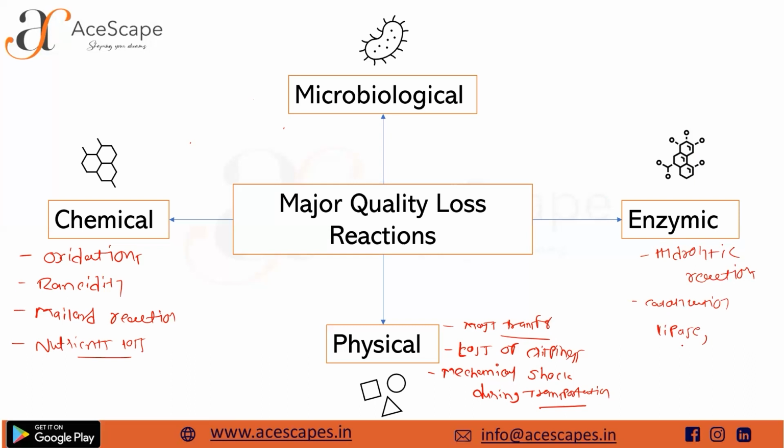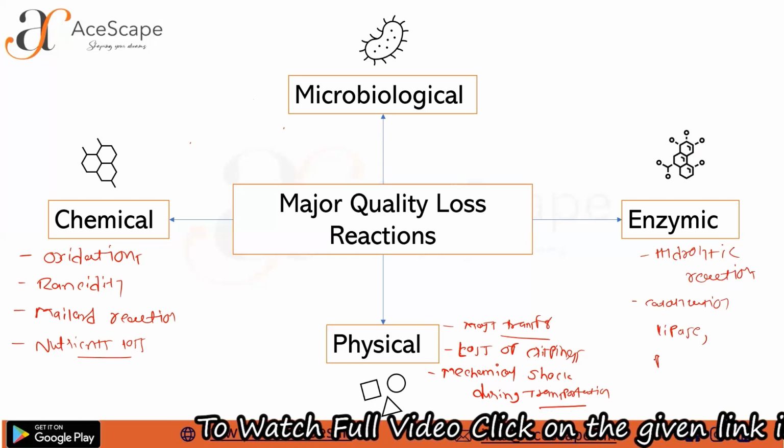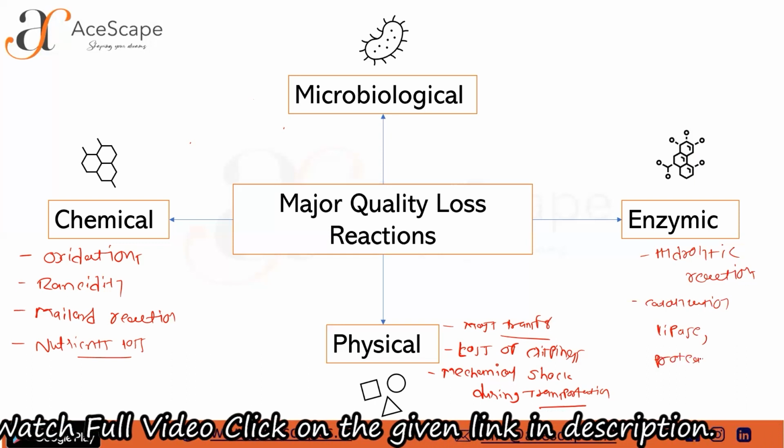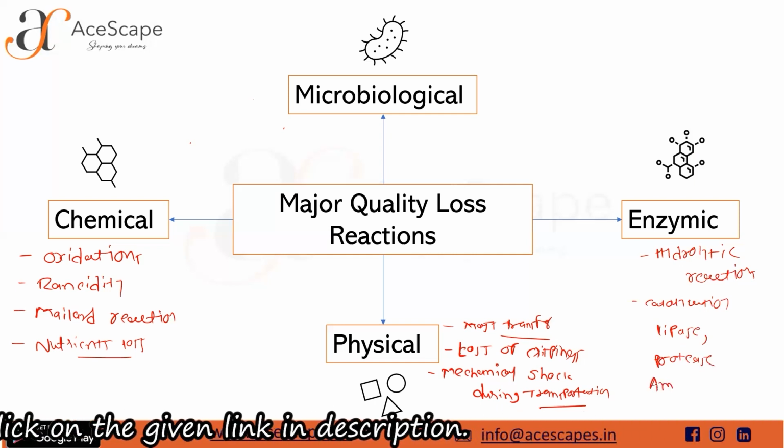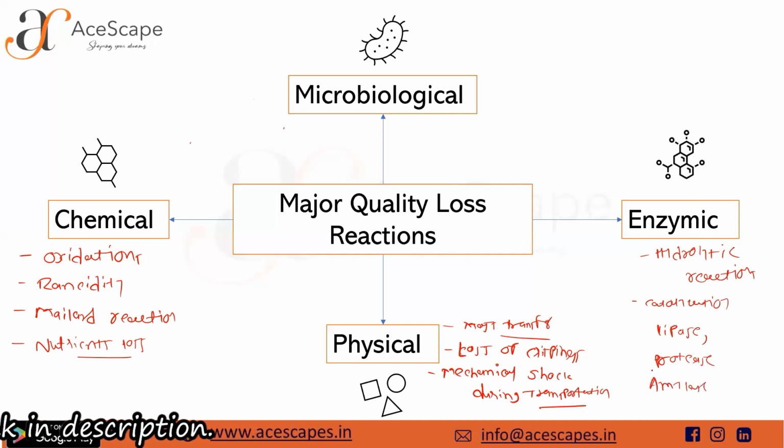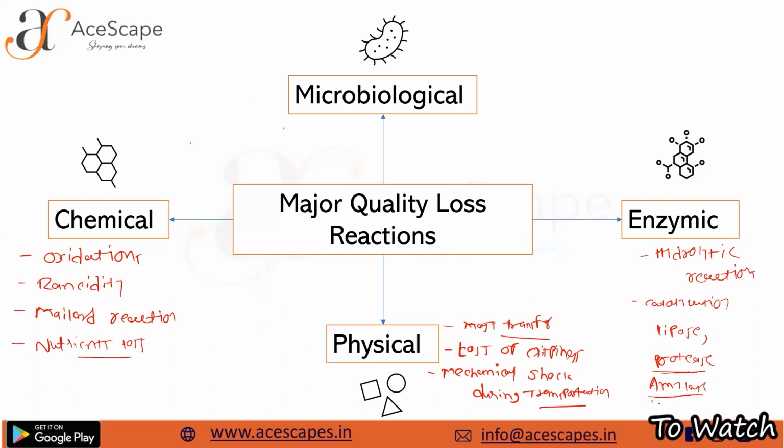And it causes hydrolysis of lipid, and it may produce some rancid flavor. Protease, amylase. Proteases are the enzymes which break down protein. Amylases are the enzymes which break down carbohydrate or starch. And there are some putrefactions, like the development of flavor from protein. All those things we have to consider.